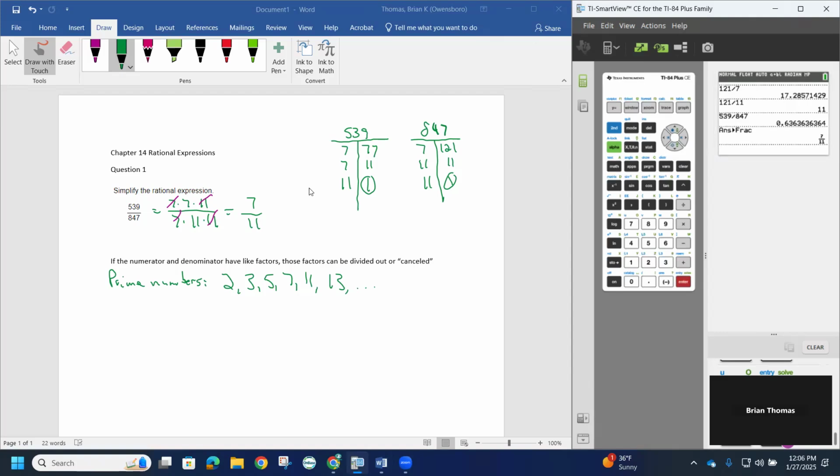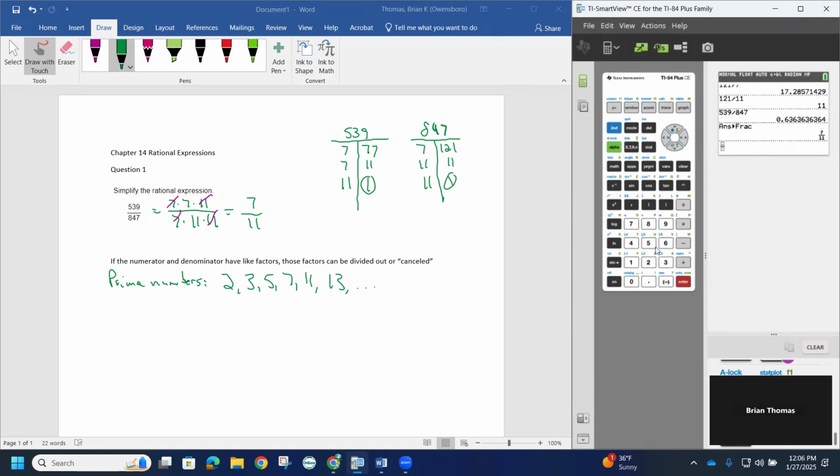You also can put 539 over 847 into the calculator as a fraction. So there's a special menu up here, the F1, but notice how F1 is in green. So if I hit the alpha button, and then hit the Y equals button, it'll activate the F1 menu. Notice how number one is a fraction mode. So it kind of gives me a little pattern here to put a fraction in.